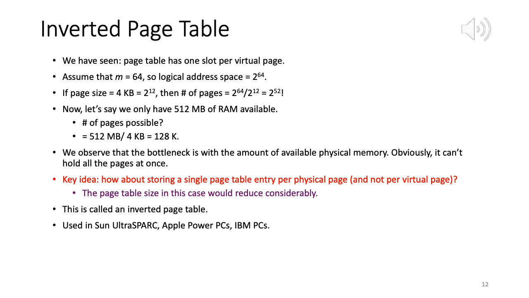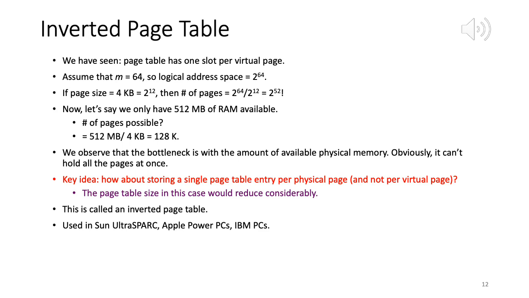We take 2 raised to 64 bytes of logical address space and divide it into chunks of 4 KB. So the number of pages is 2 raised to 64 divided by 2 raised to 12, which is 2 raised to 52. Huge. So this many entries we need, right?